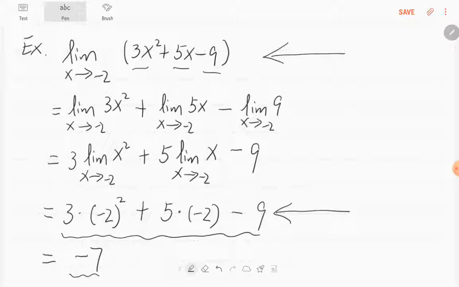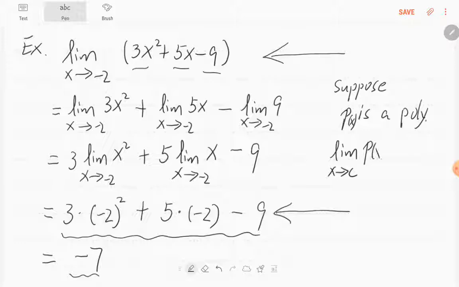So this gives you the idea: suppose p is a polynomial, p of x is a polynomial. Then the limit as x approaches c of p of x is just plugging in the number.